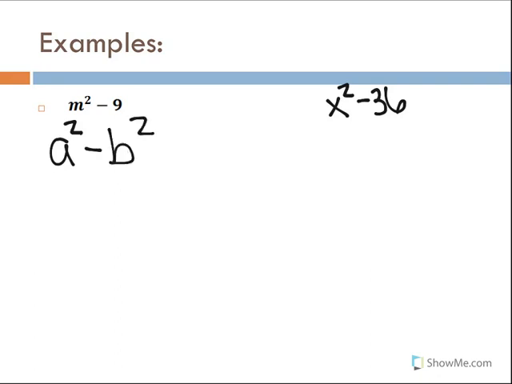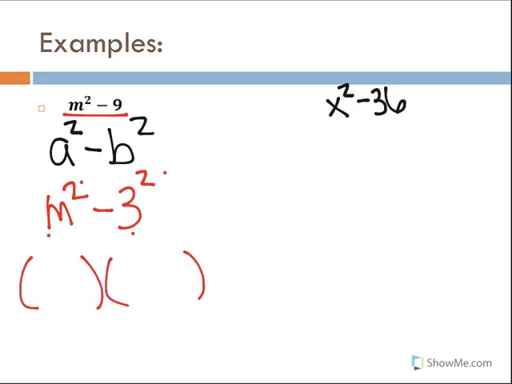I do have m squared, so that's something squared. Now, can I rewrite 9 as something squared? Well, 9 is 3 squared. So now it's in the form first term squared minus second term squared, meaning I can always write this as the first plus the second and the first minus the second.